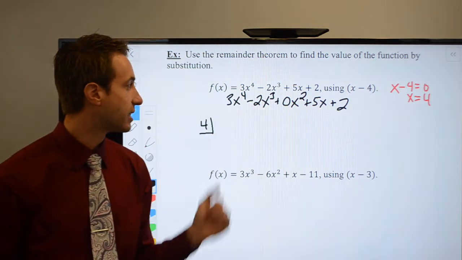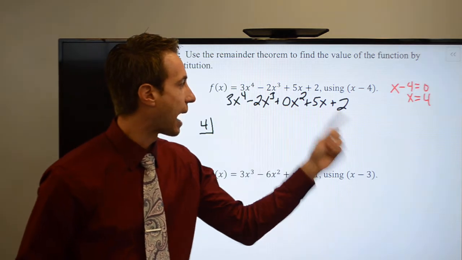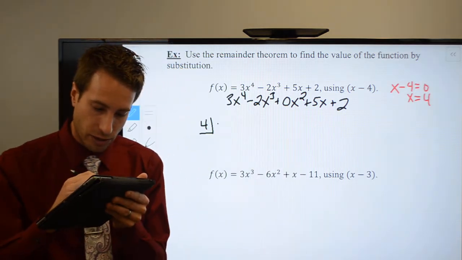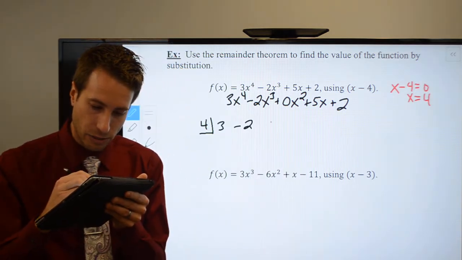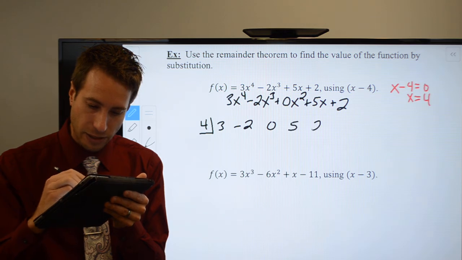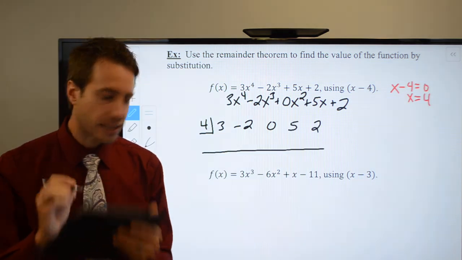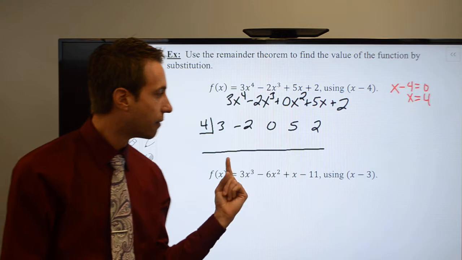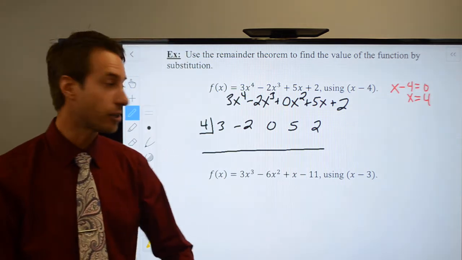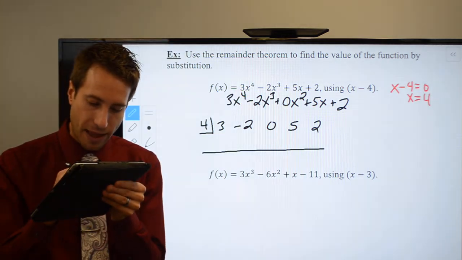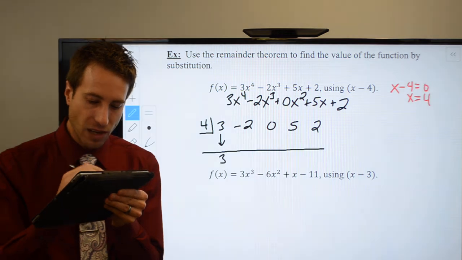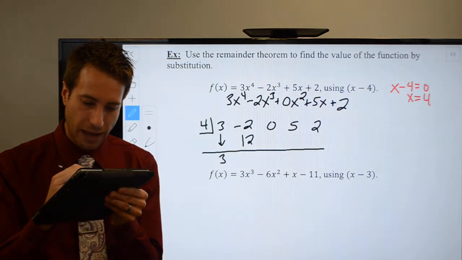The 4 goes inside the box, and now I pull out all of those coefficients: 3, minus 2, 0, 5, and 2. Use the bar to separate my work from my final answers. And here we go. Drop down that 3. 4 times 3 is 12. Add them up.